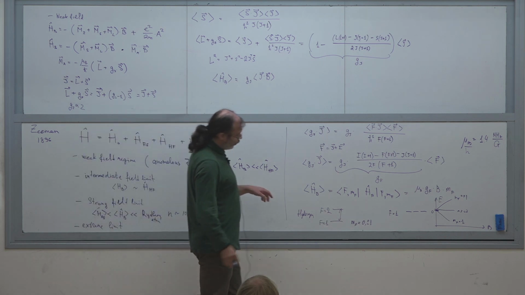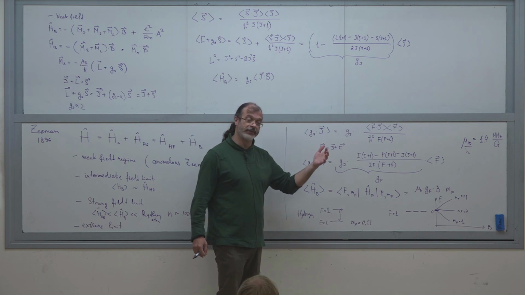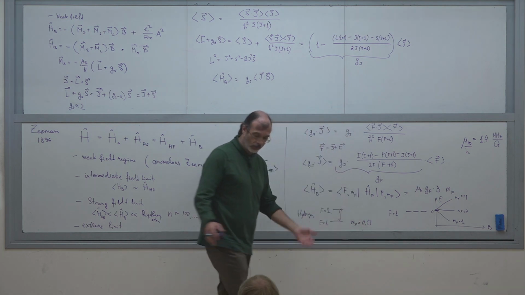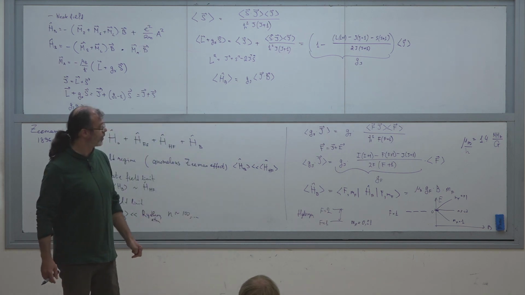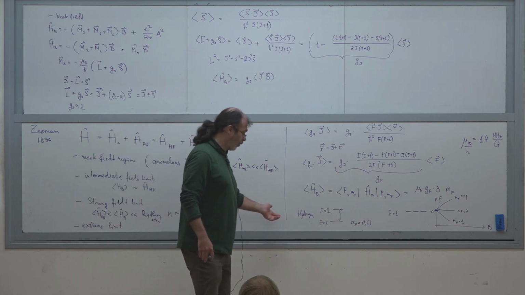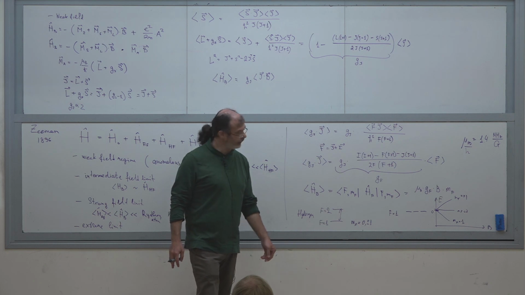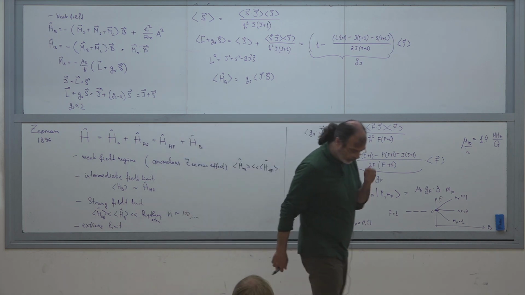So now we are going to consider a stronger field, larger than that. We can do that, right? Those of you who work in solid state physics laboratories know that it is not very crazy to go to a Tesla of magnetic field, which is 10,000 Gauss, and even more.